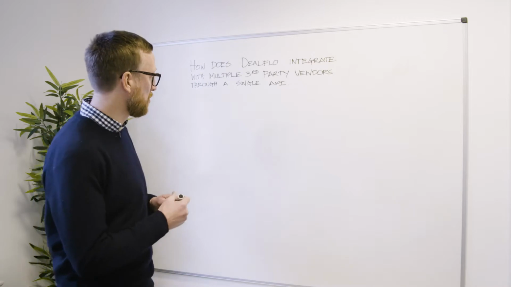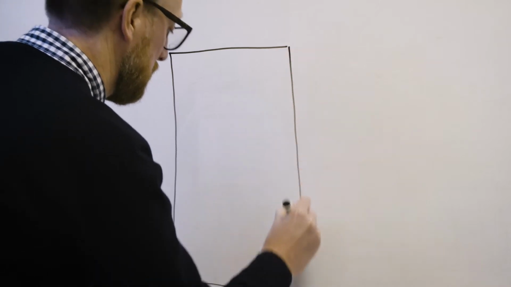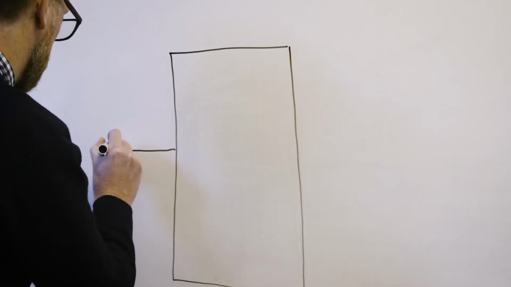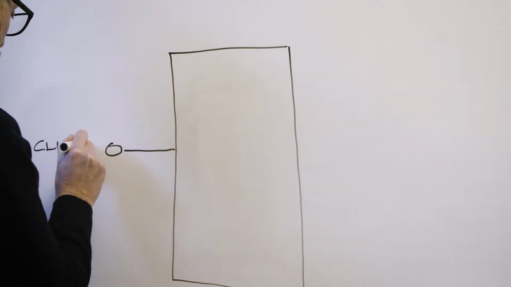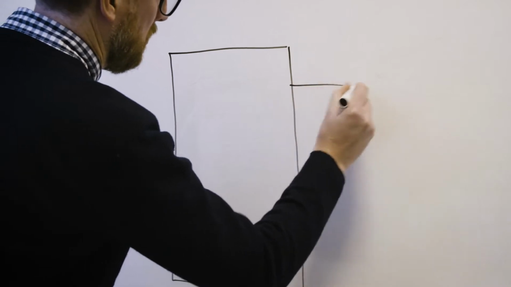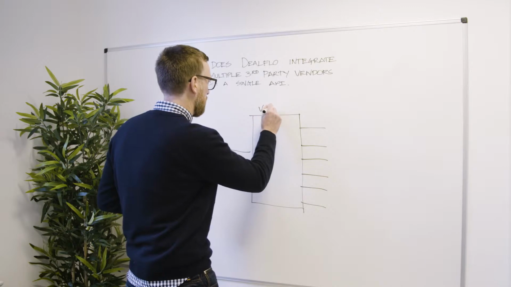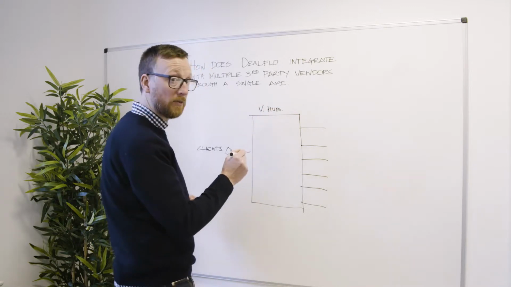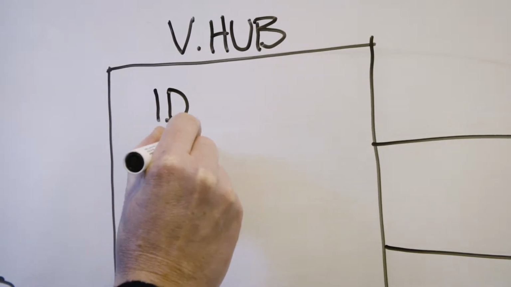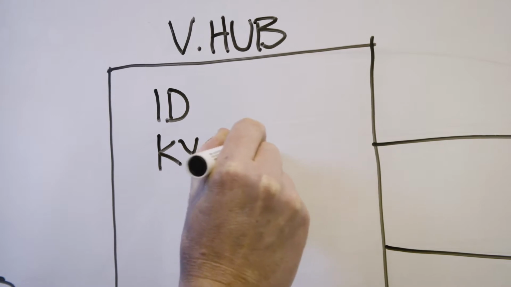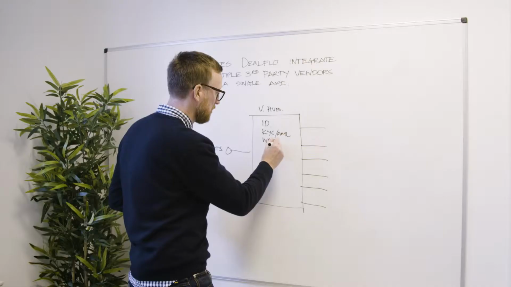So if we explore in a bit more detail what the Verification Hub provides, and also how we handle the single integration to multiple services, so what do we make available in the Verification Hub? Obviously identity checks, we have KYC AML checks, we have warnings, PEPs and sanctions warnings on an individual.